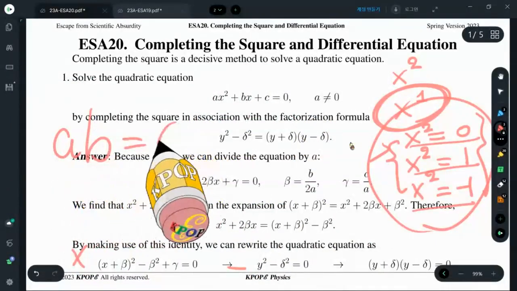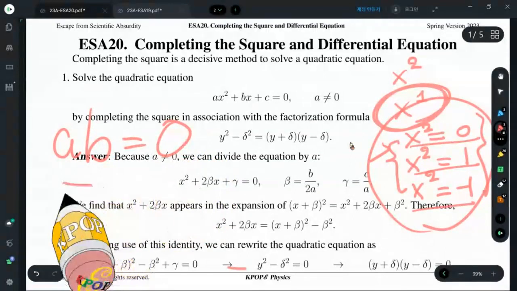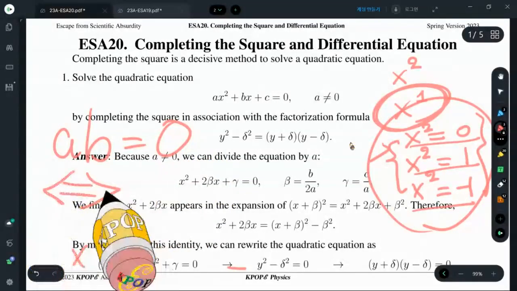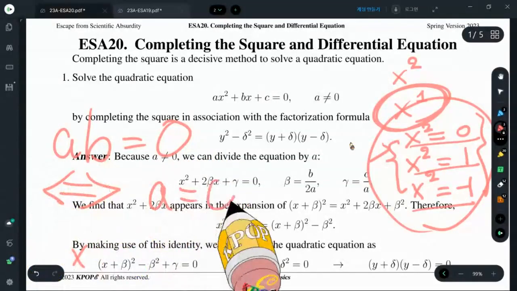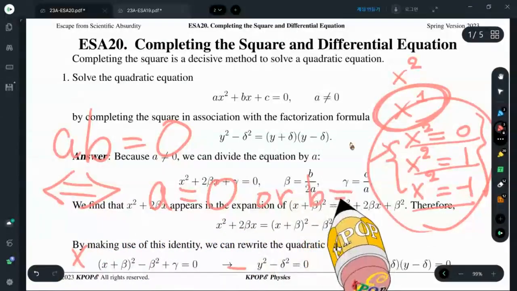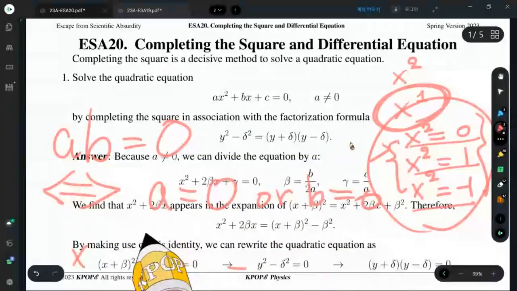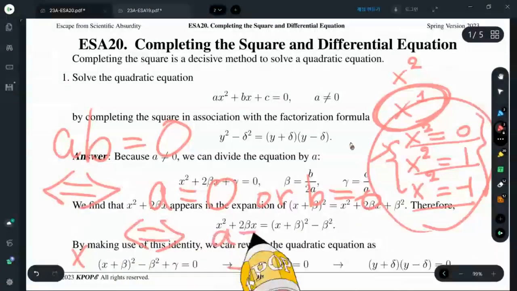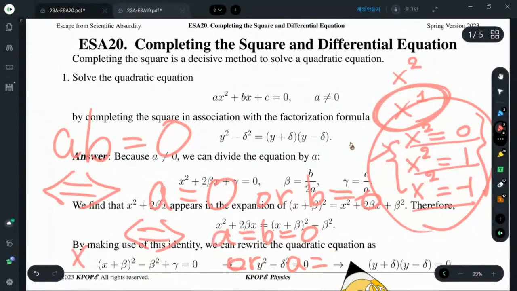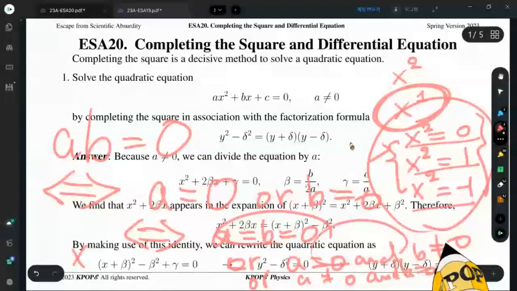Multiplication of two numbers is 0, then it is equivalent to A equals 0 or B equals 0. That means A equals B equals 0, or A equals 0 and B is not equal to 0, or A is not equal to 0 and B equals 0. Everybody knows this.